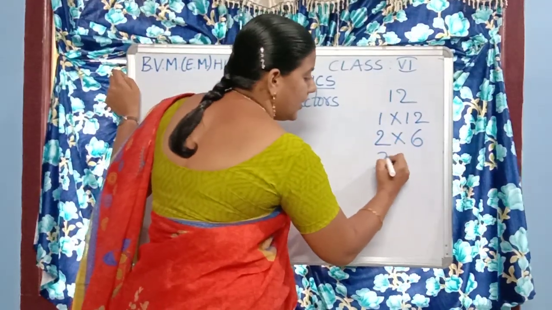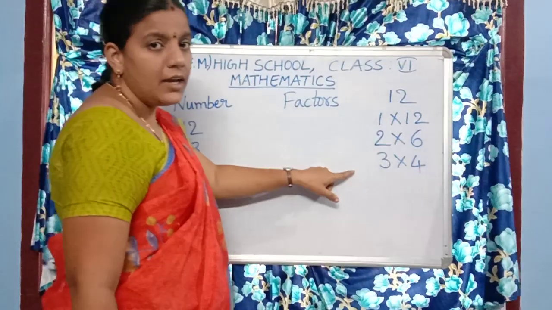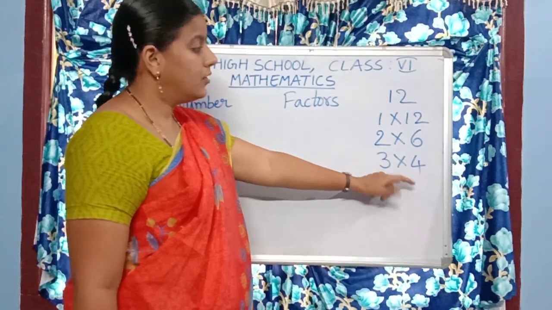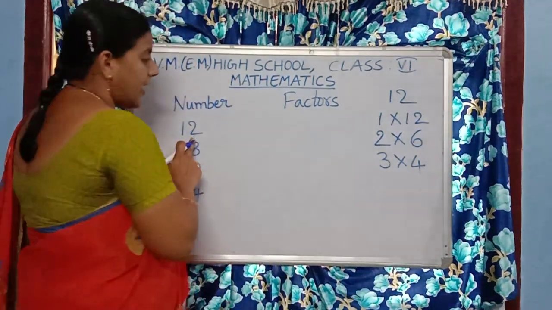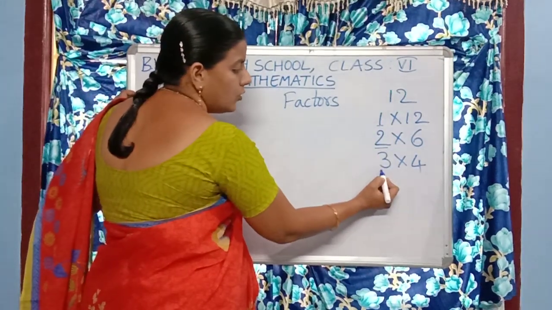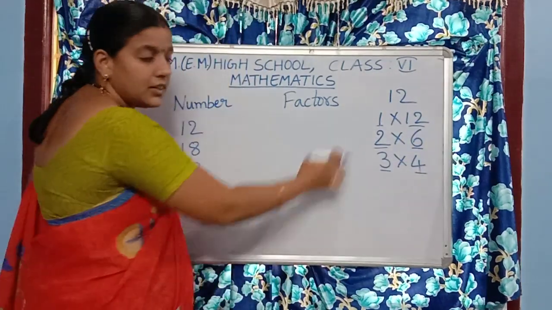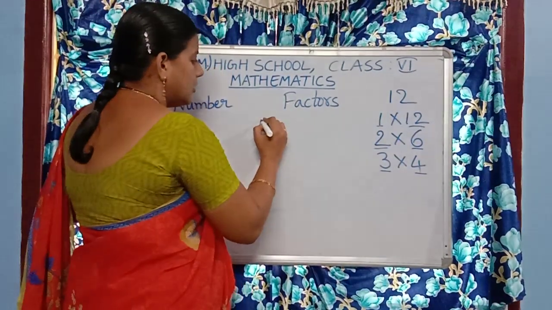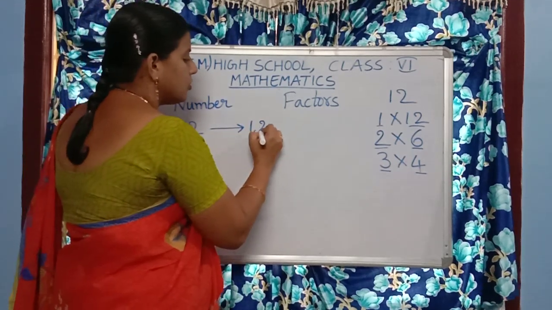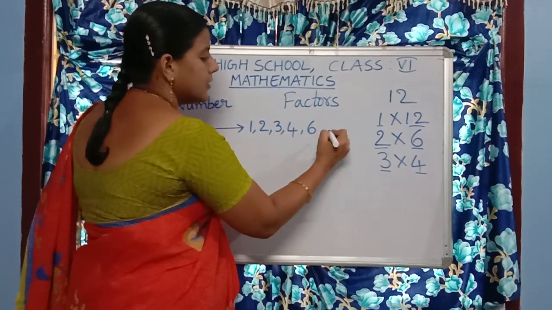Next, 3. 3 fours are 12. Okay? Next, is there any other factor? No. So, the factors of 12 are 1, 2, 3, 4, 6, 12.